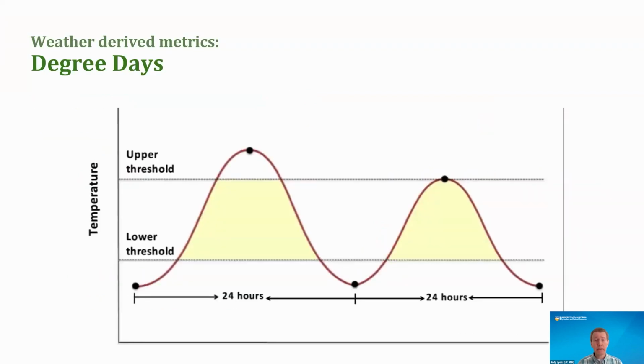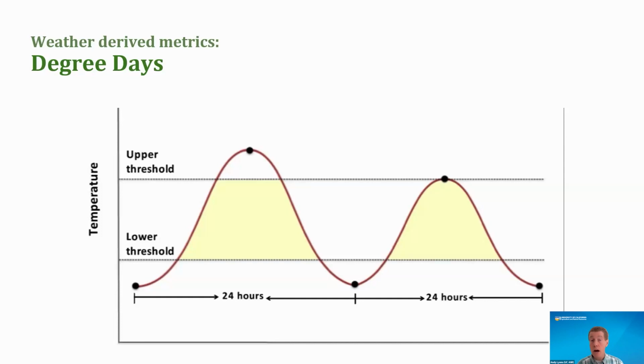There are many variations of how we compute degree days. Oftentimes we only have minimum and maximum temperature to work with, certainly with the older data sets. So researchers have come up with models to estimate the amount of temperature over the course of a day.